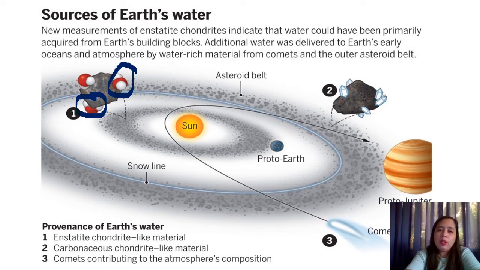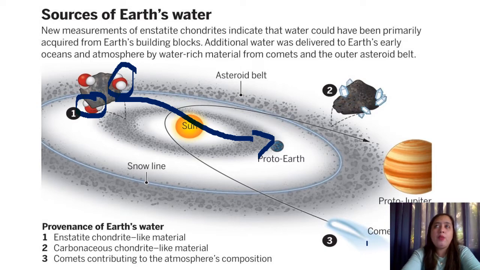So, pwedeng ito ngayon, tatama yan sa protoplanet mo, madadala siya. Pwedeng yung ating mga comets din that move. Ang alam niyo naman ang comets, yung tail na nakikita natin, are actually the vaporization of the solid ice particles that is formed on that rock material.